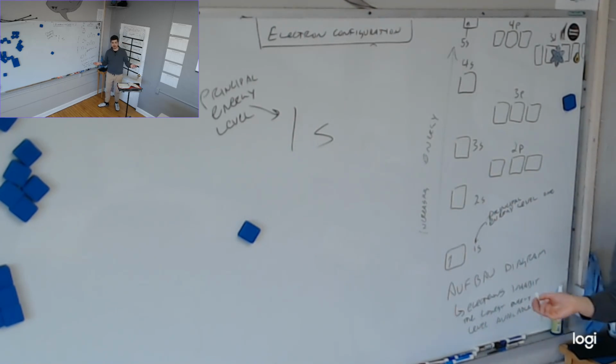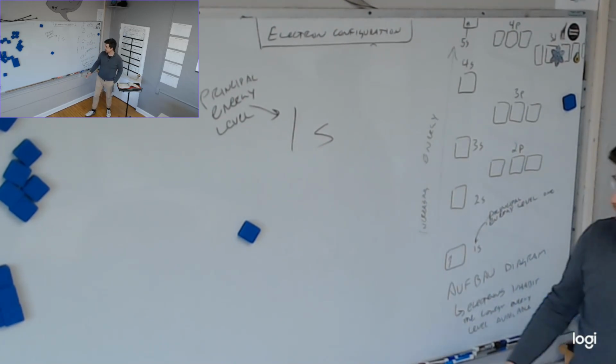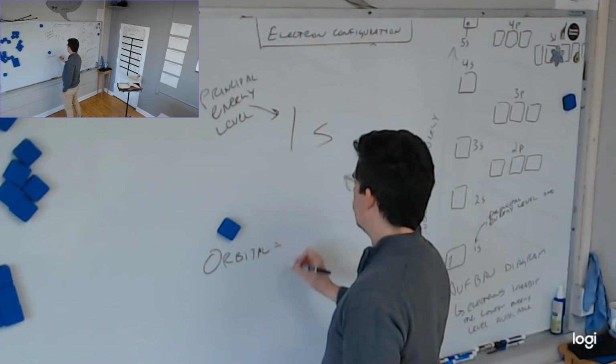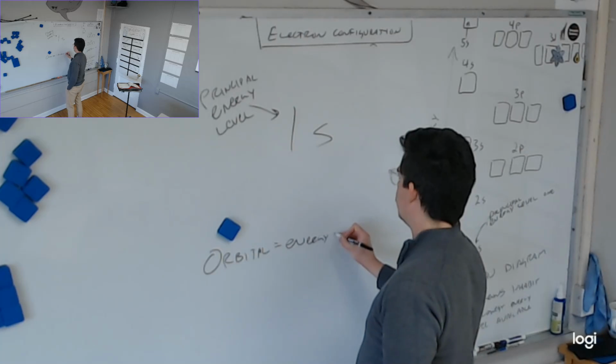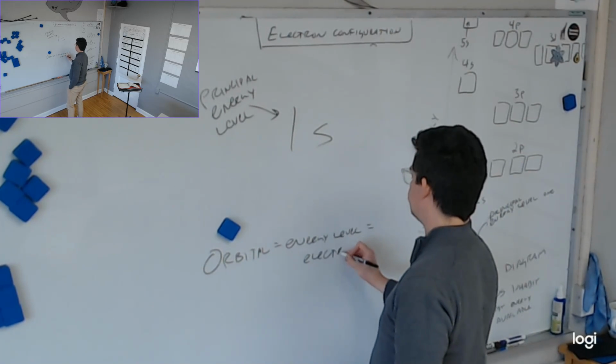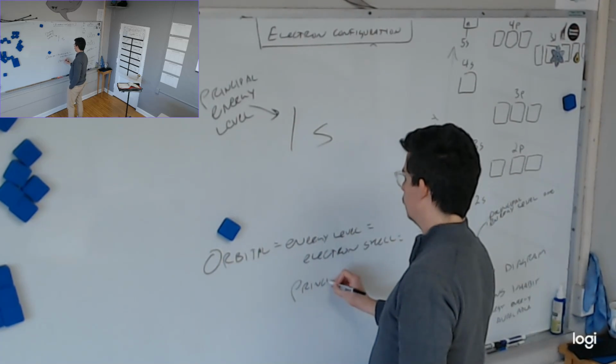When we're doing the Bohr model, those orbitals that we draw are energy levels. I will use the words orbital and energy level and electron shell interchangeably throughout this entire thing, so let's make those all synonymous in our minds. Orbital is the same thing as energy level, is the same thing as electron shell, is the same thing as principal energy level.